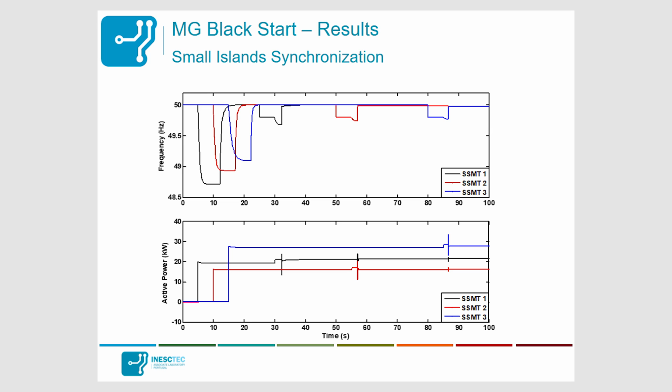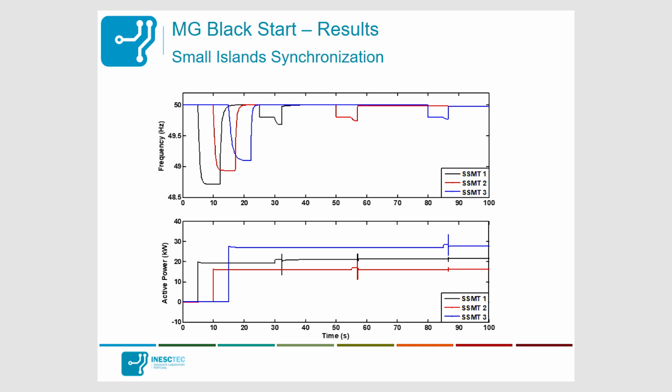And here you see that at the beginning there are 3 frequencies. Why 3 frequencies? Because they correspond to 3 islands inside the microgrid. So there are obviously large imbalances at the beginning, and this brings large frequency deviations in the system.